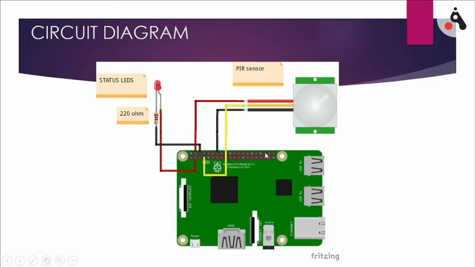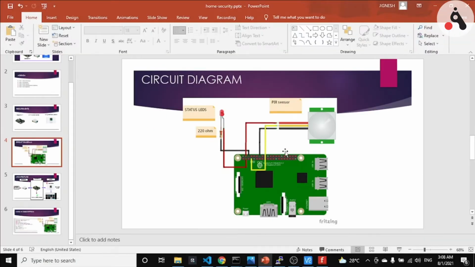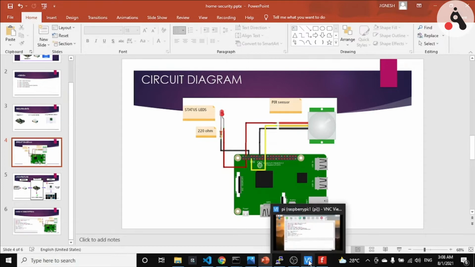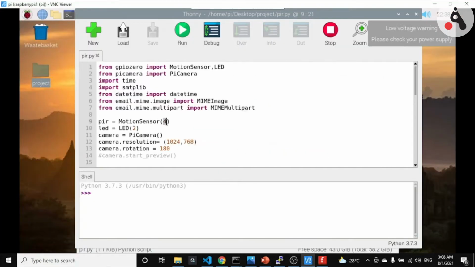So this is the small circuit diagram for this project, and you can change these pin numbers, and if you change a pin number here, you also need to change the same in the code. You can see this LED which is defined for GPIO pin 2, and the motion sensor, PIR, is defined for GPIO pin 4.